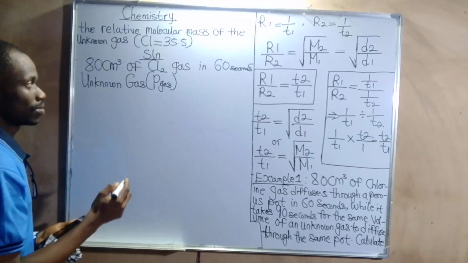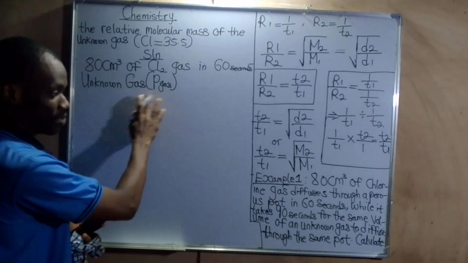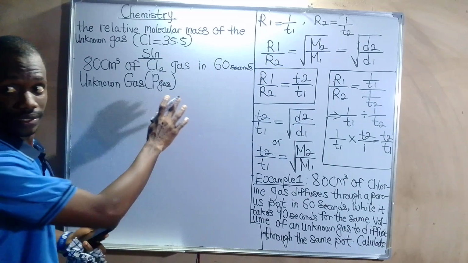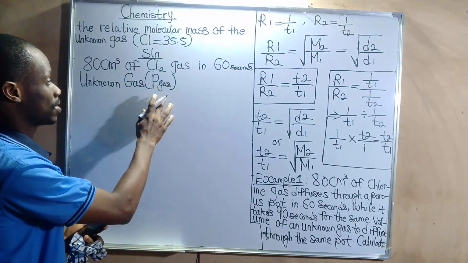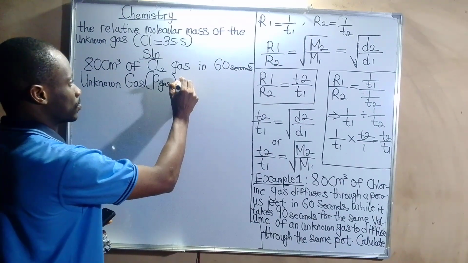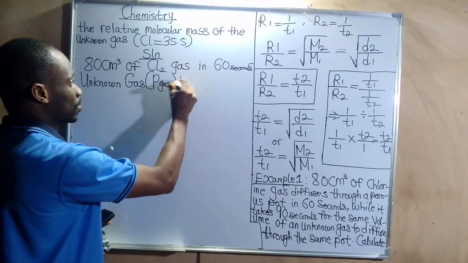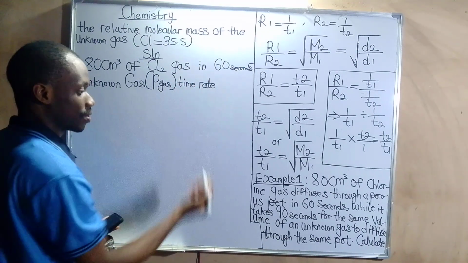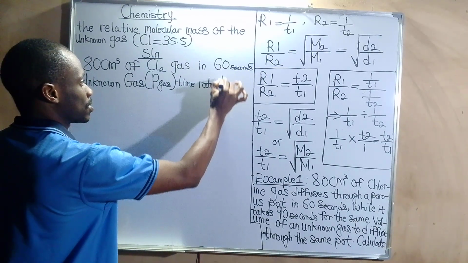Is that understood? So for the unknown gas, P gas itself, the time rate is 90 seconds.